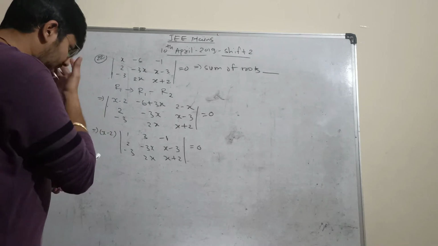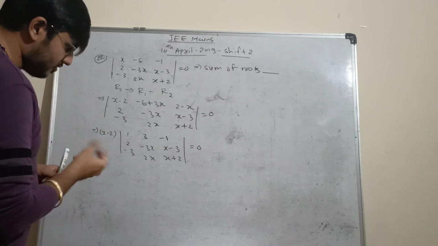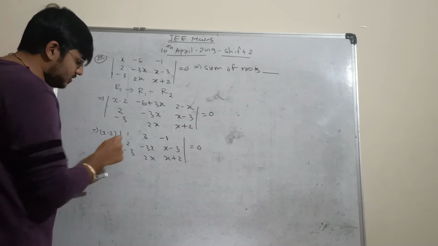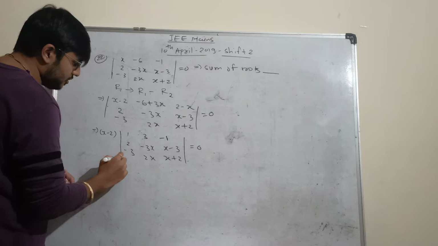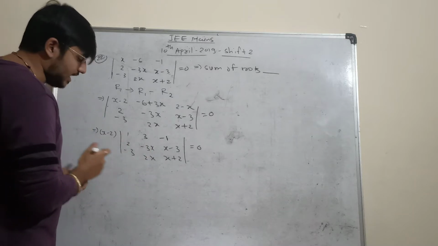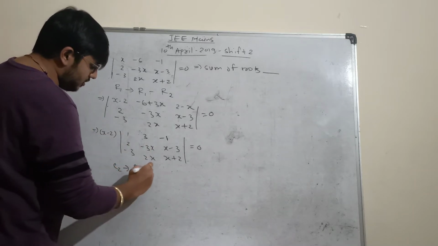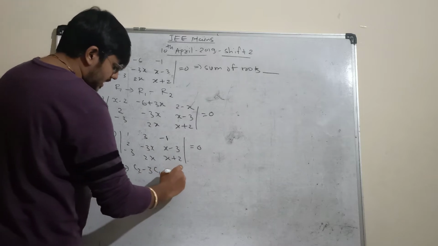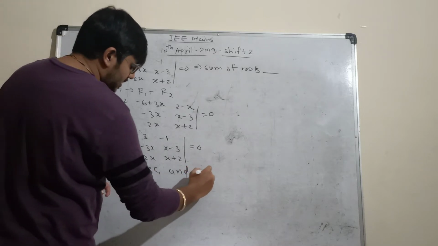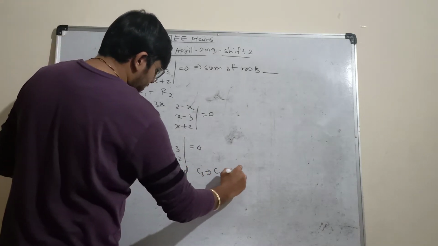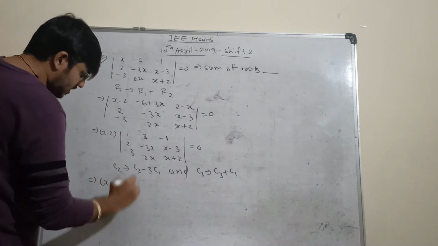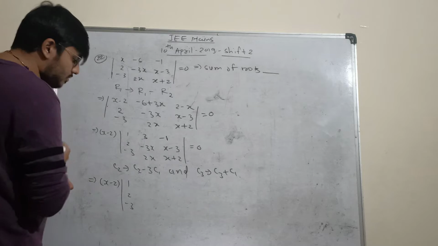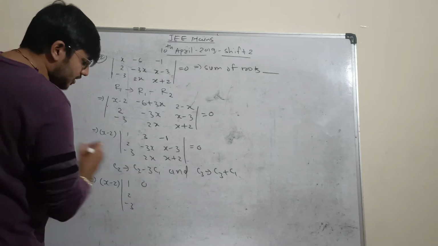Right? Then try to get 0, and to get 0 let us go with the first column. So multiply the first column with minus 3 and add into the second column. So C2 tends to C2 minus 3C1 and C3 tends to C3 plus C1. By using these two operations, what will I get? 1, 2, minus 3 as it is. Here it will be 0.